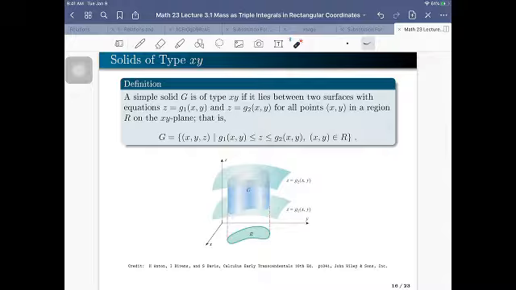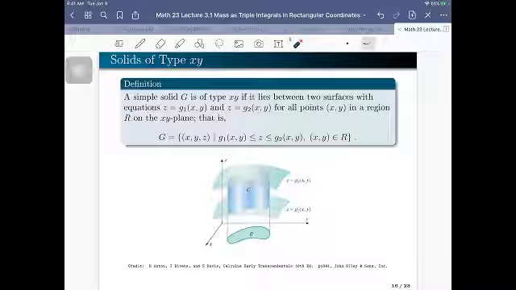For instance, at this point xy, the floor is defined by g1 of xy, and the ceiling is defined by g2 of xy. So that is the solid of type xy.